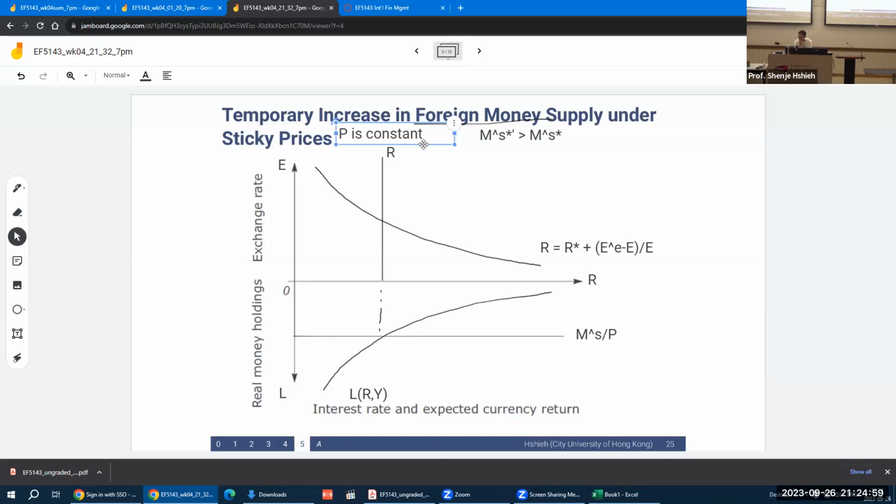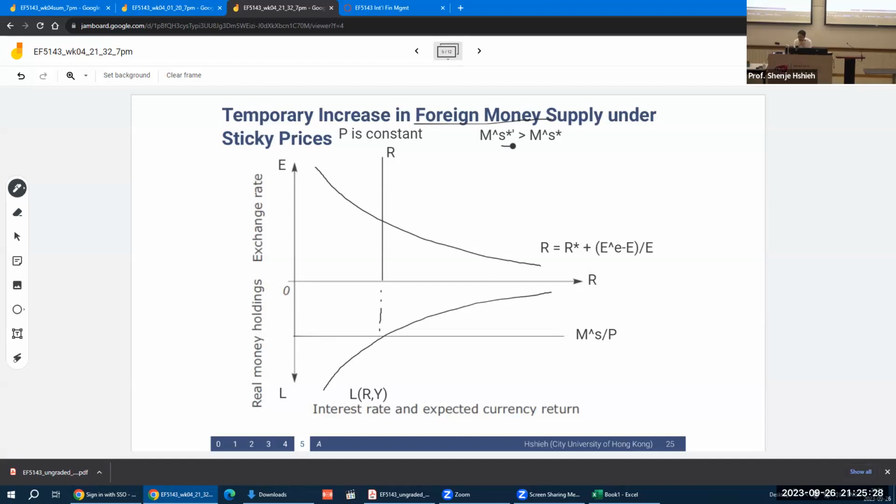Well, if you think it's upward, what curve is upward? So I remind you again, this is M star. This is a foreign money supply. So think of ourselves as China, and suddenly the US decides to print more money.